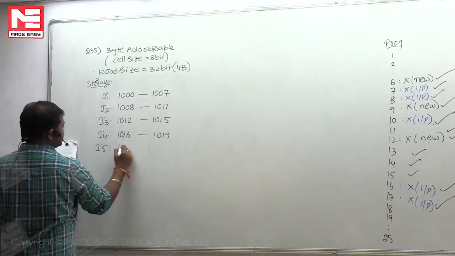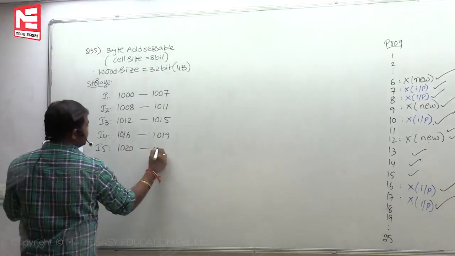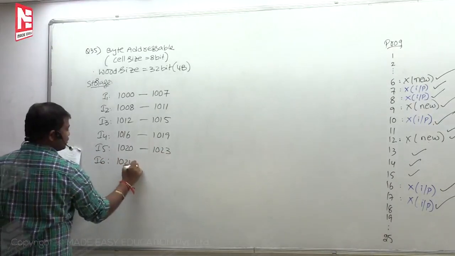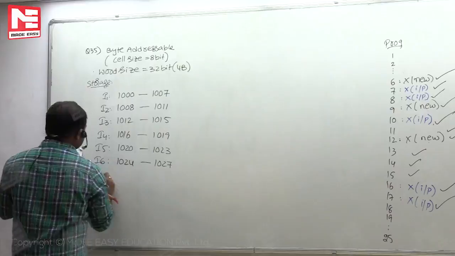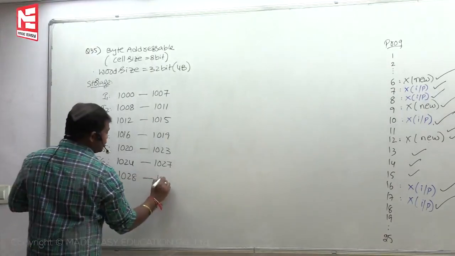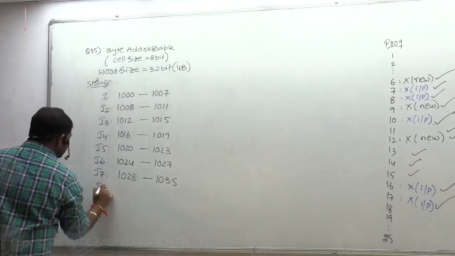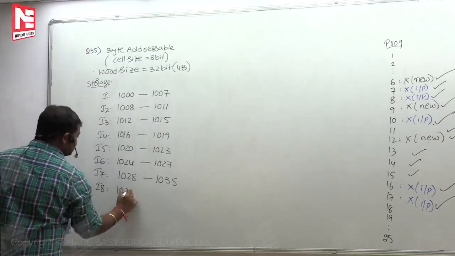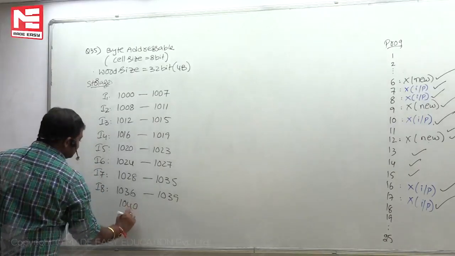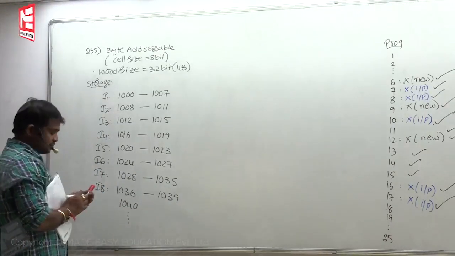I5, 1 word, 1020 to 1023. I6, 1 word, 1024 to 1027. Next I7, 2 words, 1028 to 1035. I8, 1 word, 1036 to 1039. Next 1040 and so on. This is the program storage.